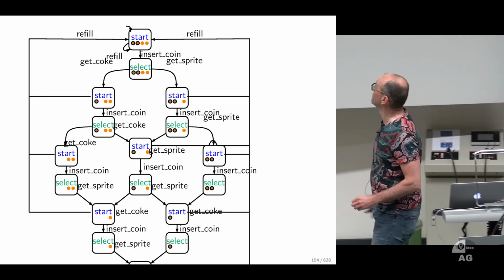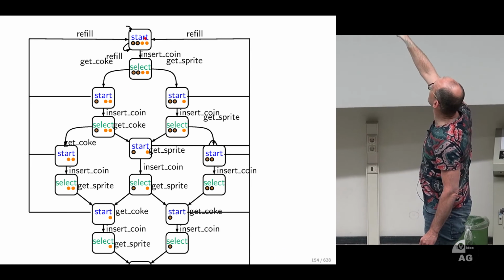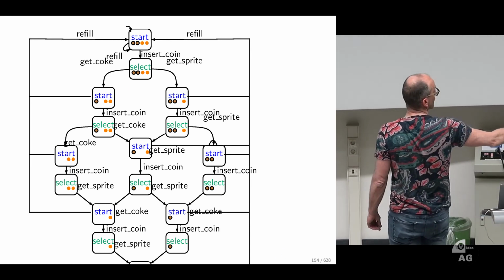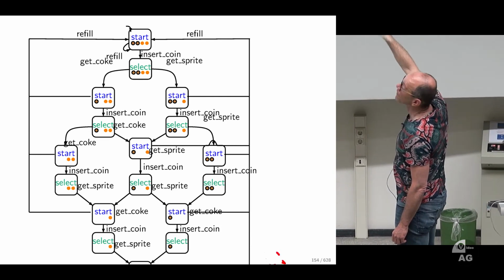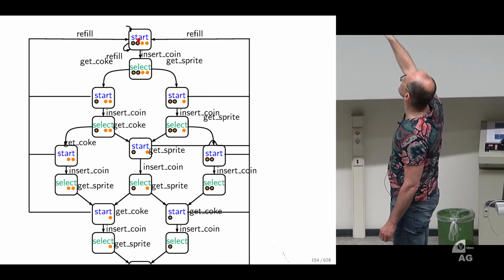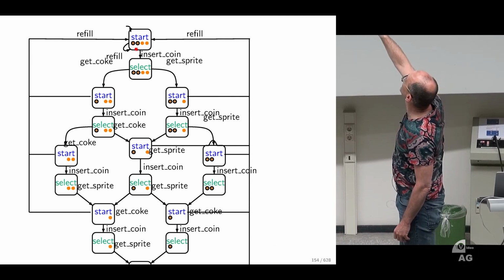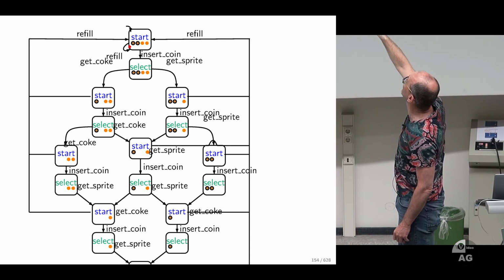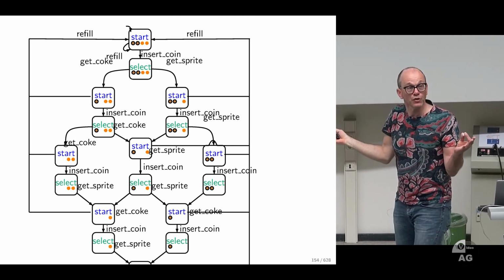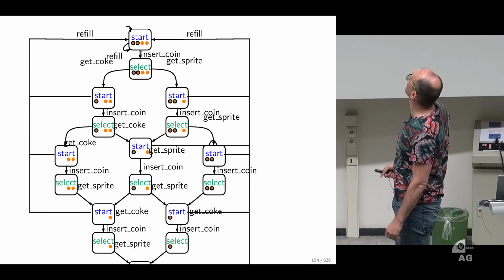So first of all, you see, the states are of the form which location we are in, so it tells you we are in this location. The fat circled things are Coke and Sprite. If they are orange, it means they're filled, and otherwise they're gone. So here we start with 2 Coke bottles and 2 Sprite bottles. Of course, you can do a refill, but the refill will not change anything because the maximum capacity is 2, and it's already completely filled.